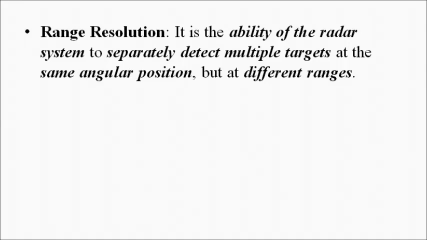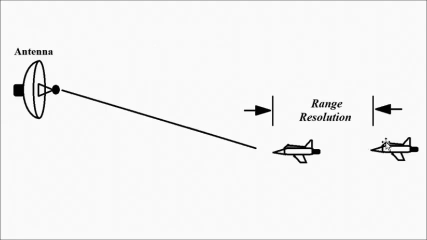For example, suppose there are two target objects, let's say two planes or jets. Suppose they are almost at the same angular position when measured from the radar antenna, but you can see they are at different ranges. This one is a little bit farther away from the first object, but they are almost at the same angular position.